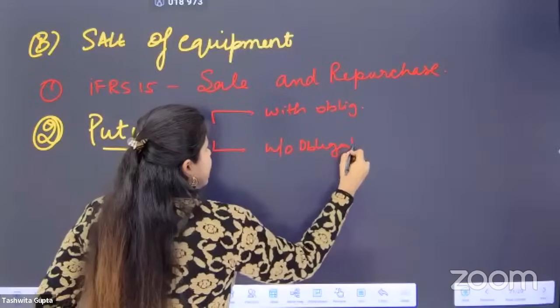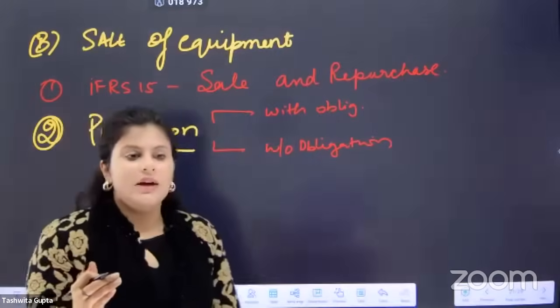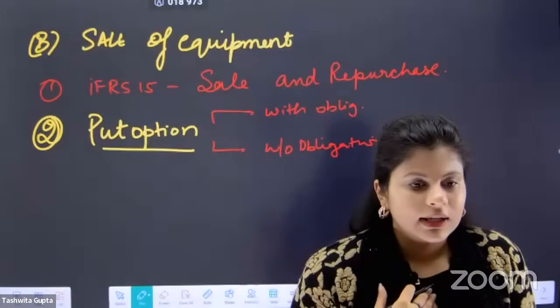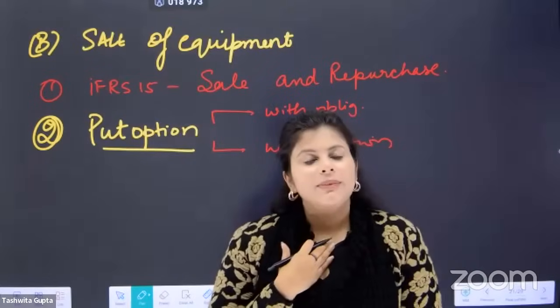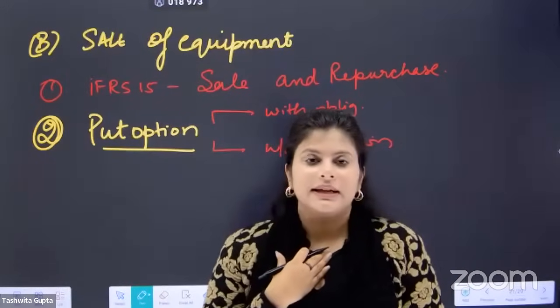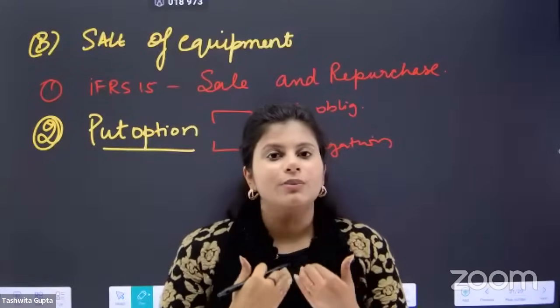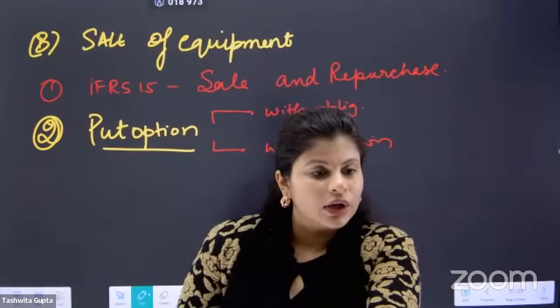With obligation is if you guys have sold any asset to me and you say, ma'am, you can give this asset back to us anytime. So I am the buyer and I have an option that in a given time, I can put that asset back in front of you.